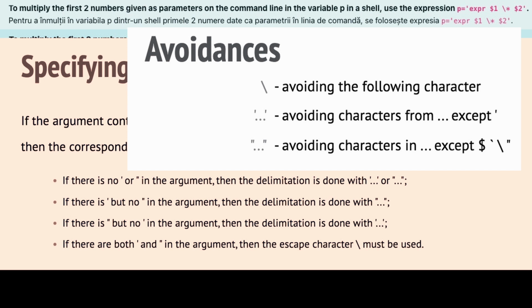That means that, for instance, in our expression, the special meaning of the dollar sign will be avoided. So $1 and $2 won't be evaluated, and they won't be replaced with their corresponding values. Instead, they will be seen as normal characters. So the dollar sign will be seen as a simple character.